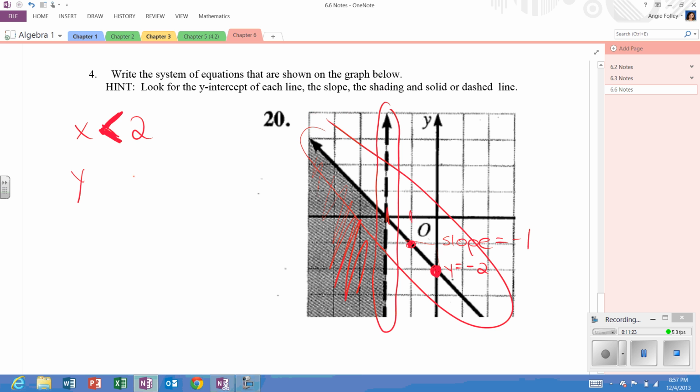Then our slope is -1, so -1x, and my intercept was -2. What part is colored? It's actually below the line, so that has to be y is less than. And we also need an equal since it is a solid line. So your system is x is less than 2 and y is less than or equal to -x minus 2.